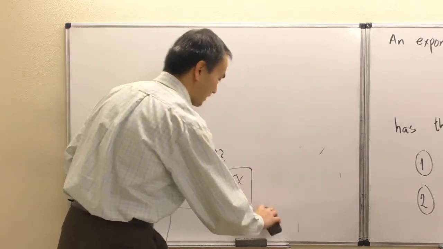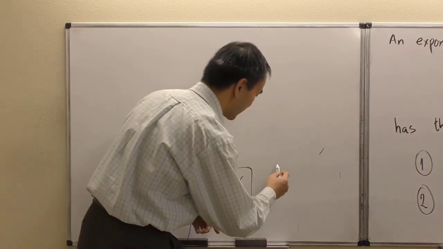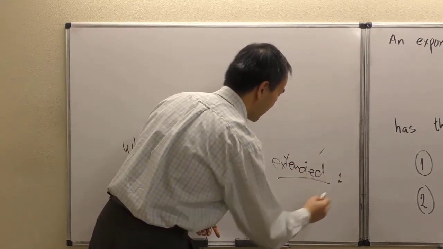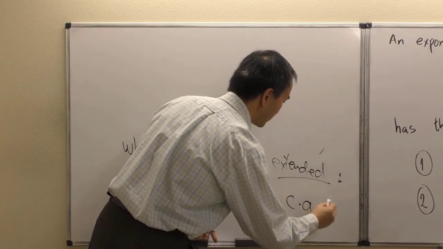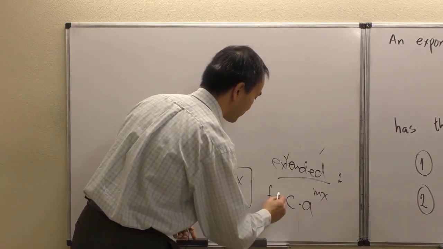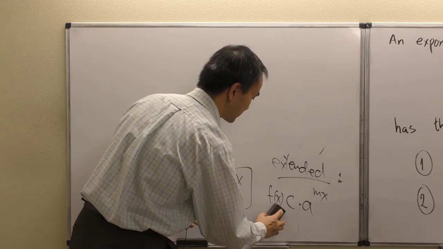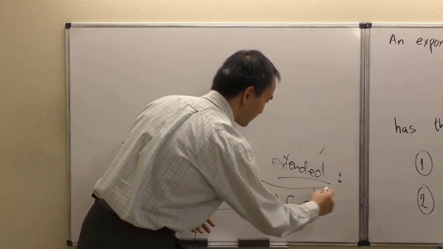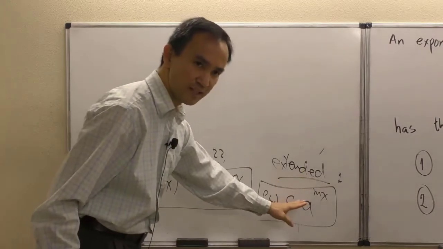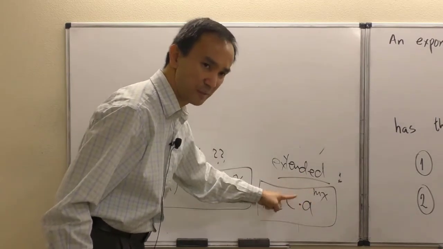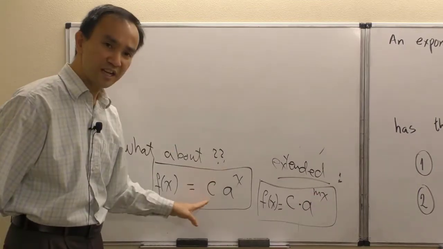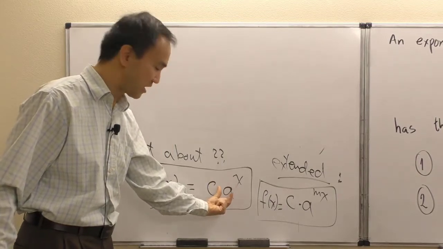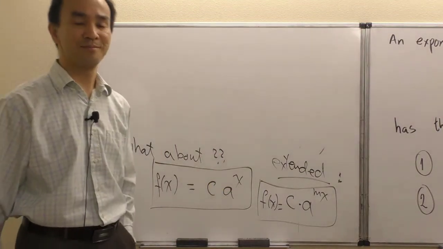Sometimes it's extended as a c multiplied with an a to the mx, or to the form f of x equals a c to the mx. But I will also make that connection on why we shouldn't have to be too worried about that. We will know how to handle that. So mostly let's just build our understanding on this form right here: a constant coefficient multiplied with an ordinary a to the x.